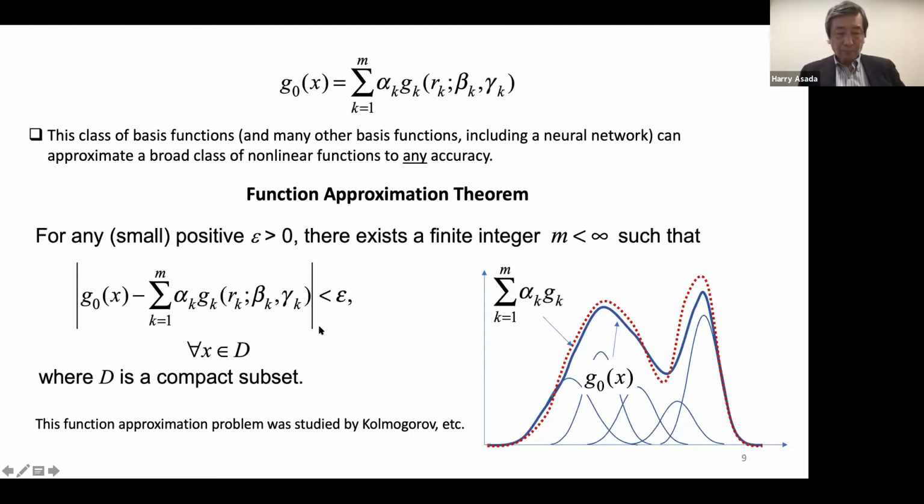This is a key point of the mathematical theory, studied by many people for a long time, including Kolmogorov, who made one of the very important contributions to this field.